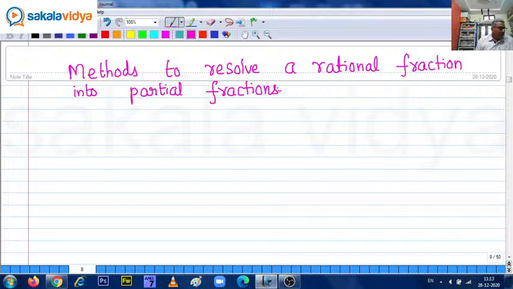Okay, first, now let us consider a rational fraction.